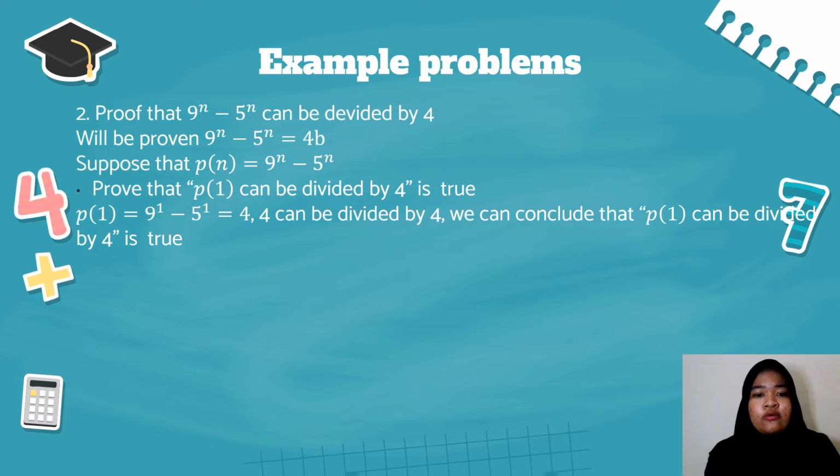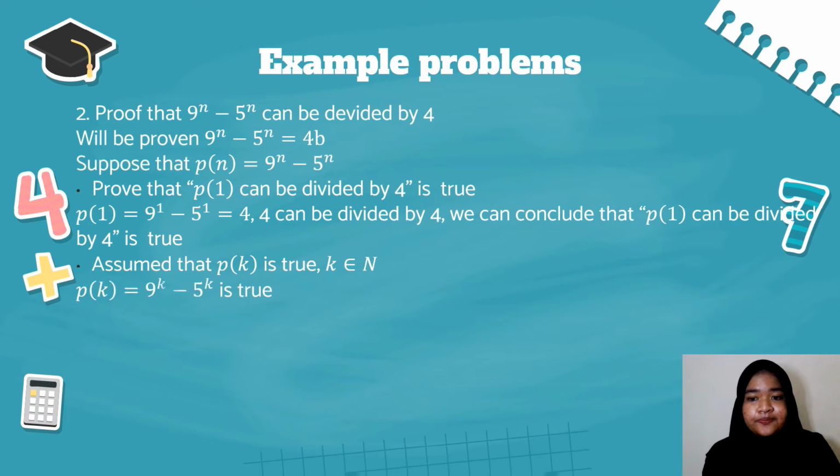As we know that 4 can be divided by 4, we can conclude that P1 can be divided by 4 is true. Assume that Pk is true for k an element of the natural numbers. Pk equals 9 power k minus 5 power k is true. We assume that Pk is true. Okay, and then prove that Pk plus 1 is true.